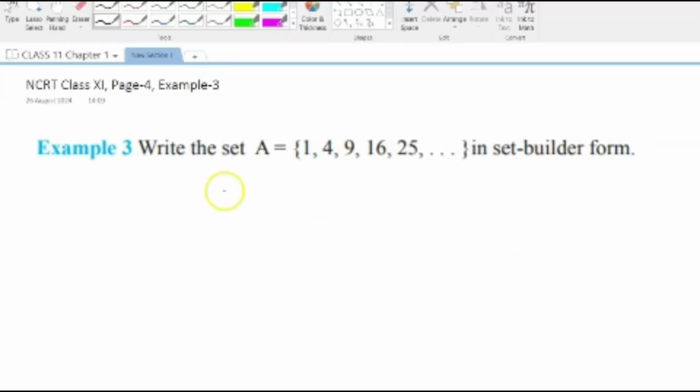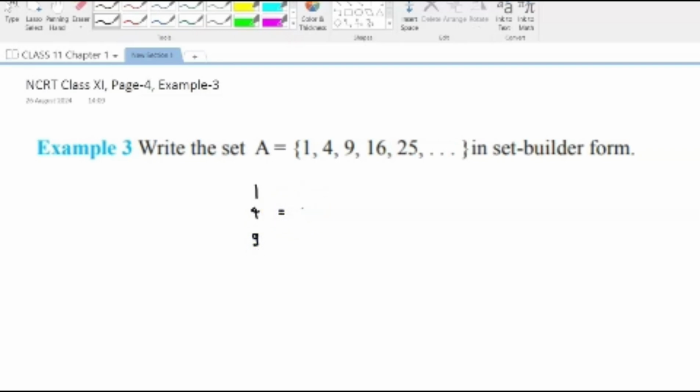Write the set A is equal to {1, 4, 9, 16, 25} in set builder form. Now, to write in the set builder form, we need to find a common characteristic that all the members of the set satisfy. So can you find that characteristic? 1, 4, 9.